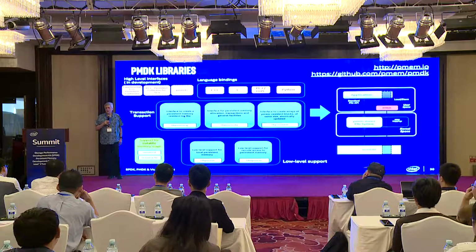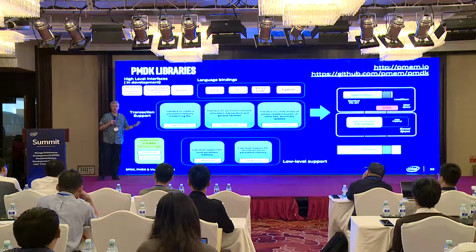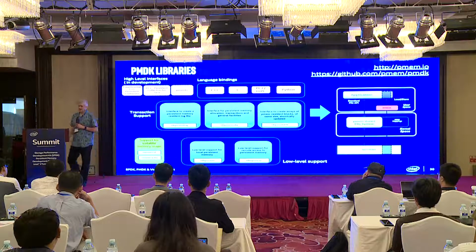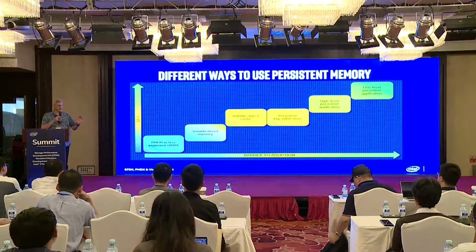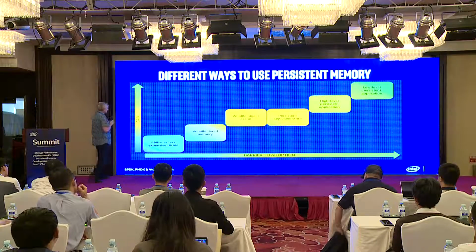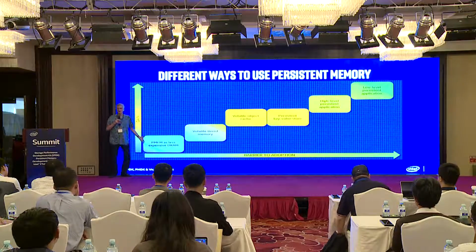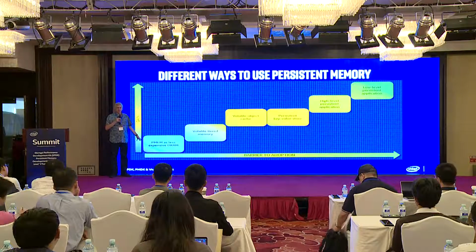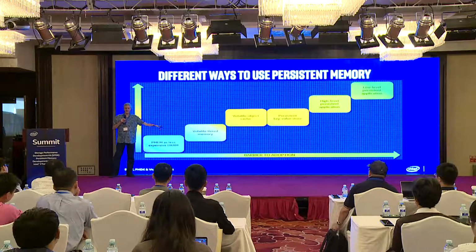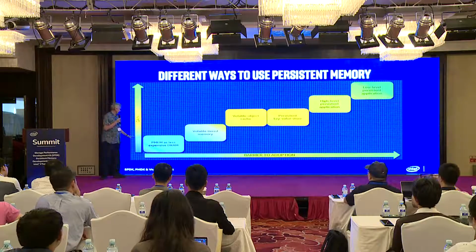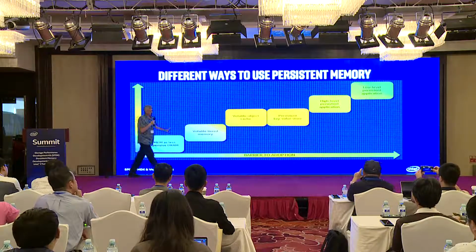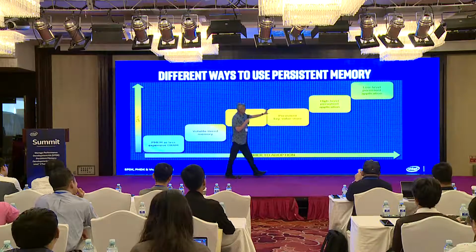Okay? So how do you decide which library is the right one for you? Well, there's a kind of a decision process you go through. The way to think about it is this. We have ways of using persistent memory that are very easy. They're very simple. There's no barrier to adoption. There's almost no change that you have to make. On the other hand, we have ways where it's harder and harder to adopt persistent memory.